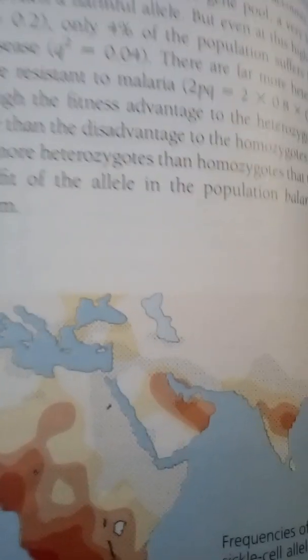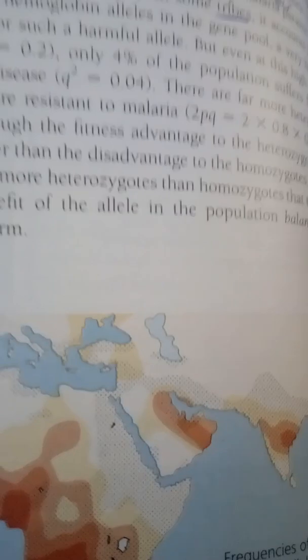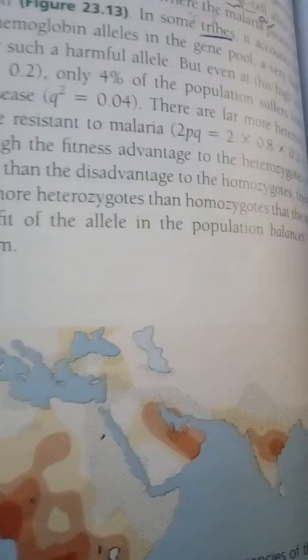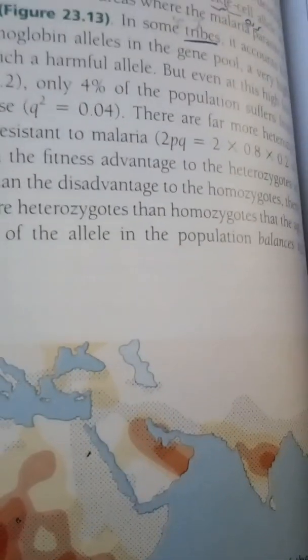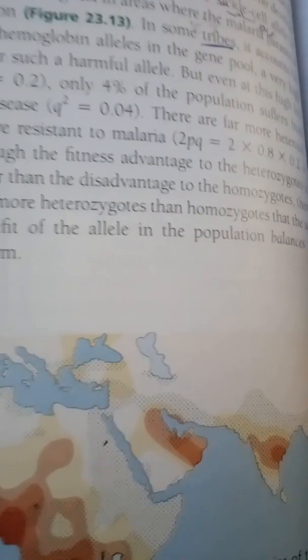This latent variation is exposed to natural selection only when both parents carry the same recessive allele and combine two copies in one zygote. This happens only rarely if the frequency of the recessive allele is very low.